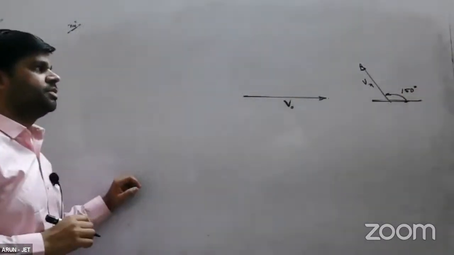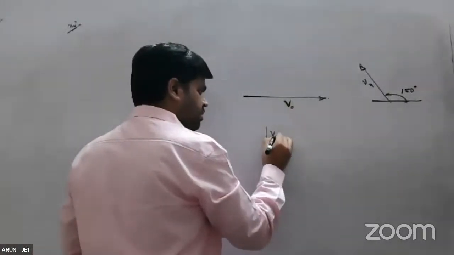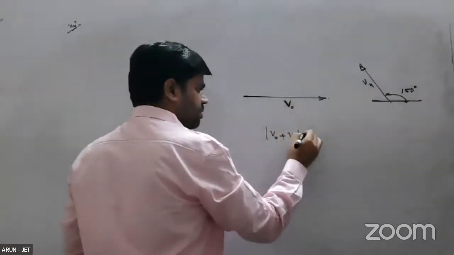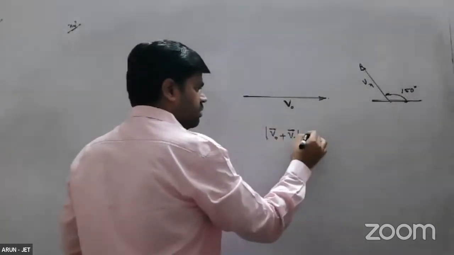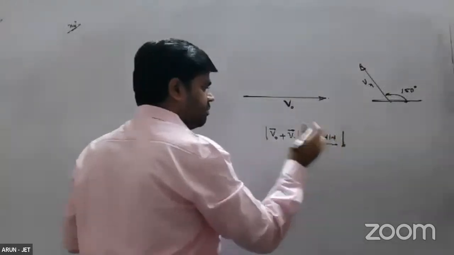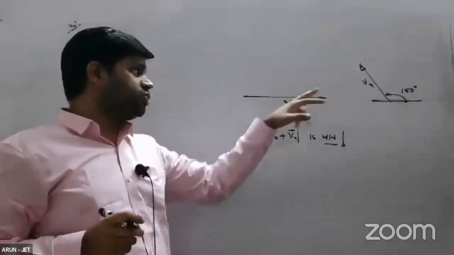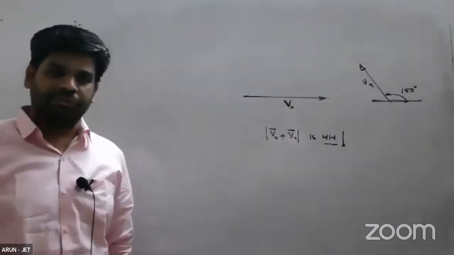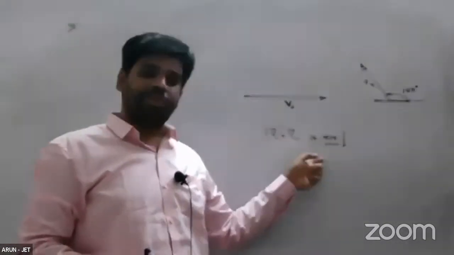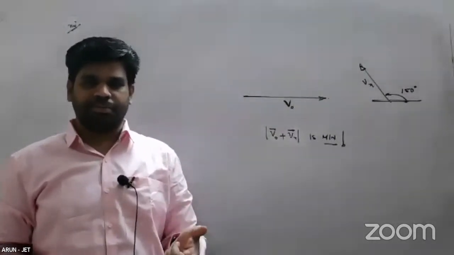So I've got two vectors. I have to find out Vx such that v naught plus Vx, the sum of these two vectors, should be minimum. Last time we have seen difference is minimum. Now let us do sum should be minimum.